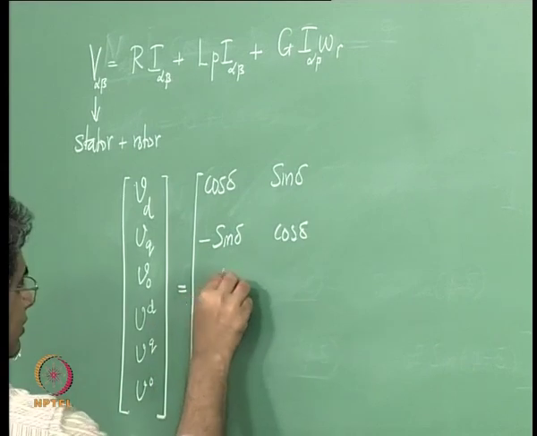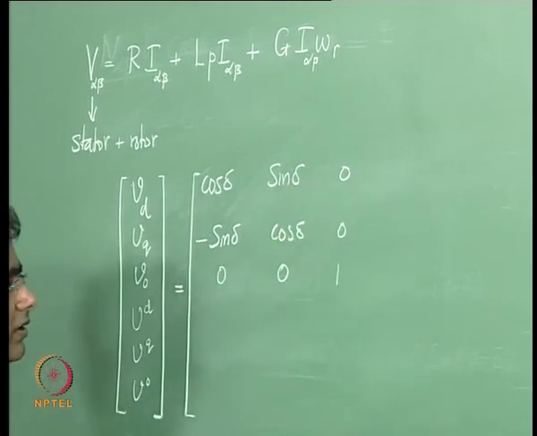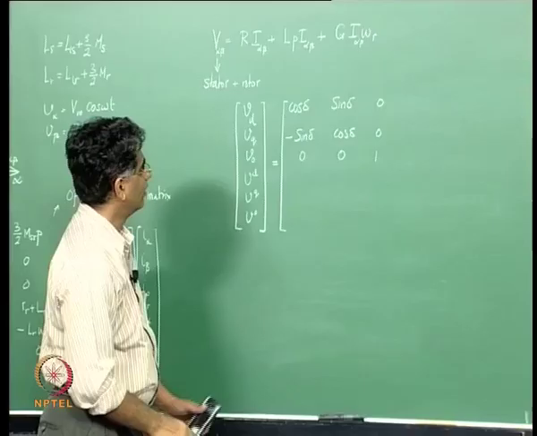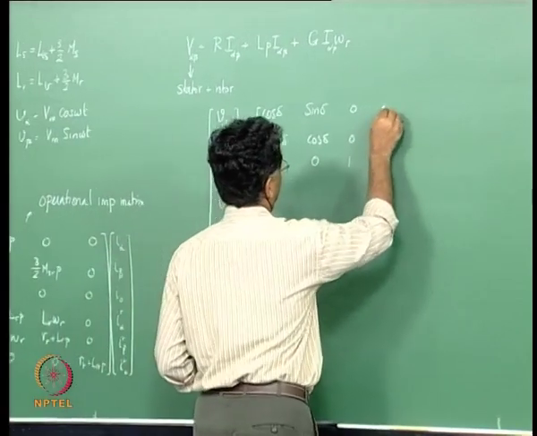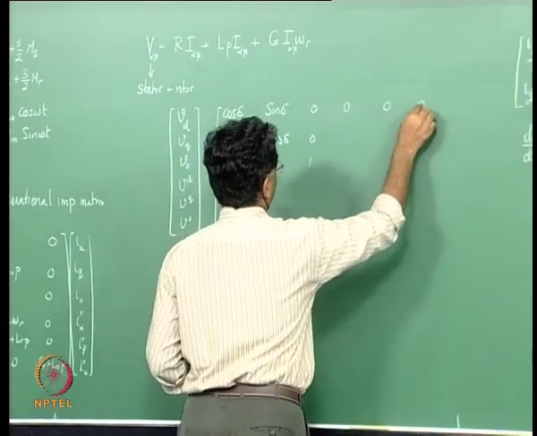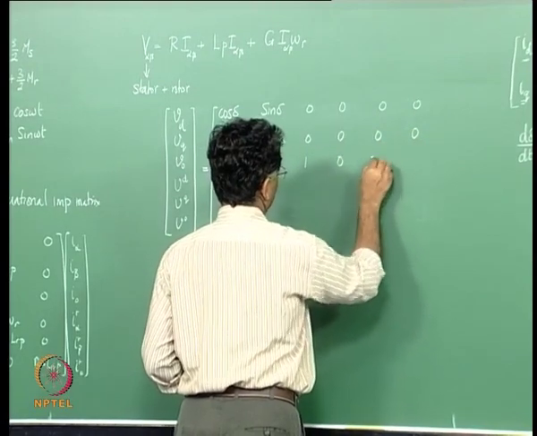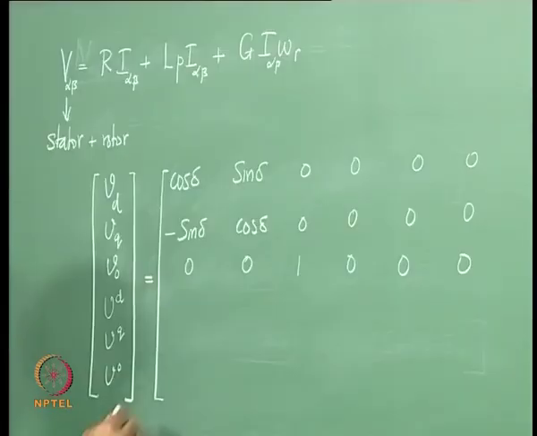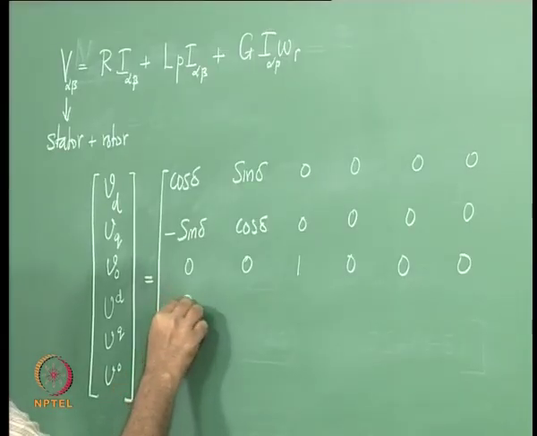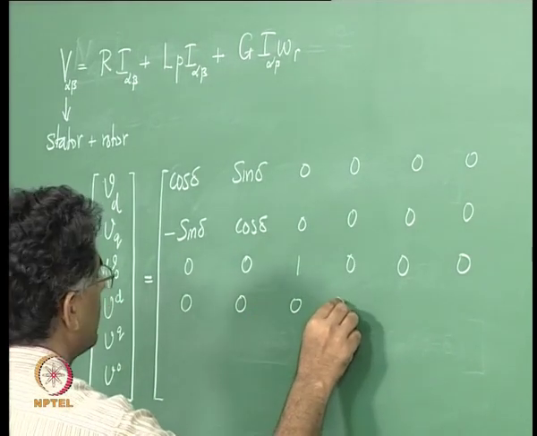We do not touch the 0 sequence, it is not necessary to touch that. So, that remains the same, and this does not depend on the rotor terms, and therefore these 3 are 0. When you come to the rotor, it does not depend on the stator 0 sequences or the alpha beta. So, that is not there.